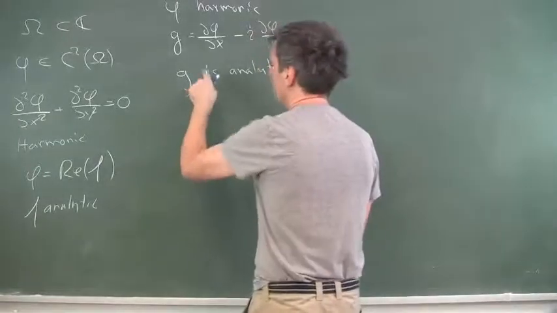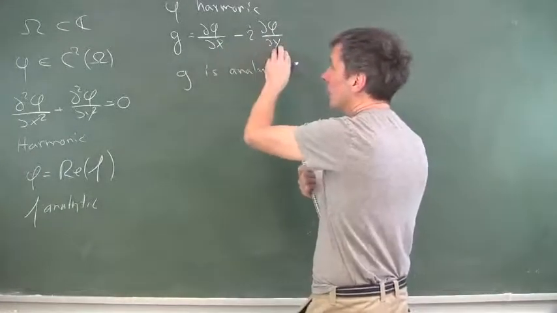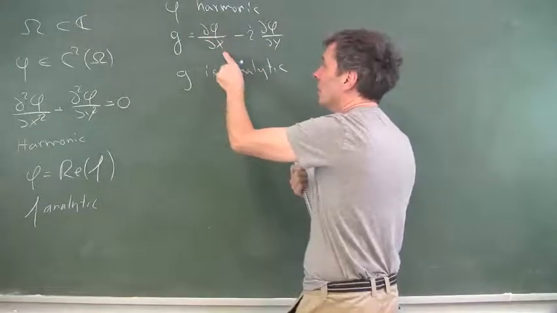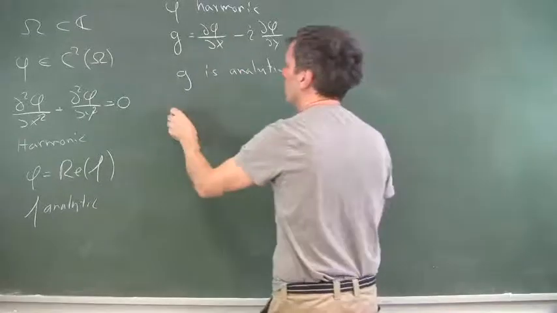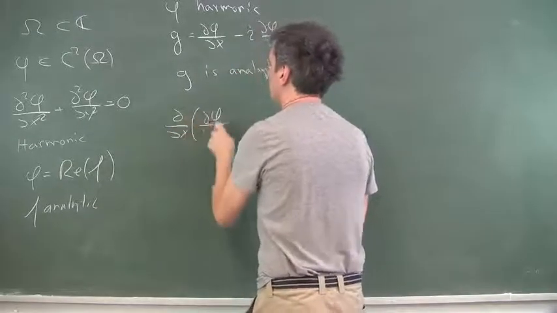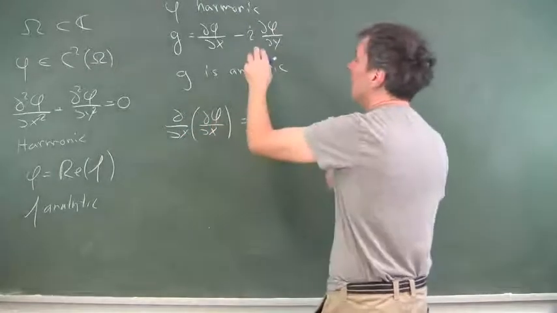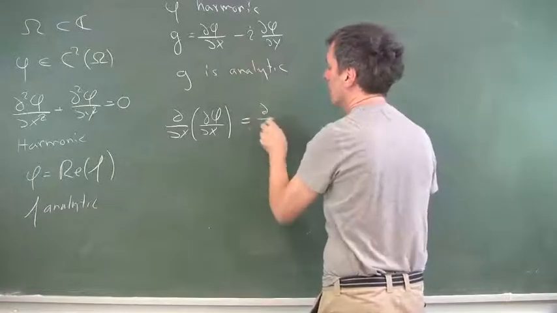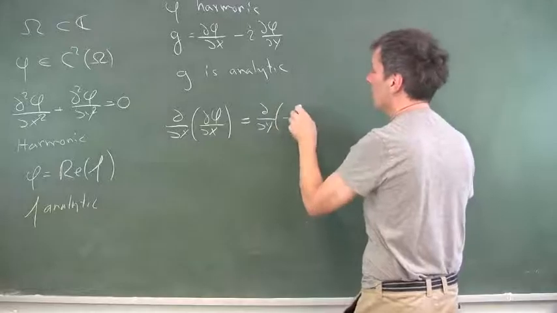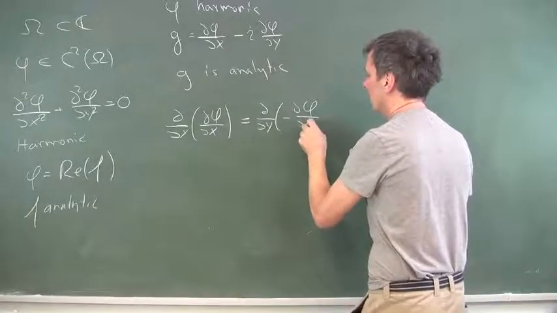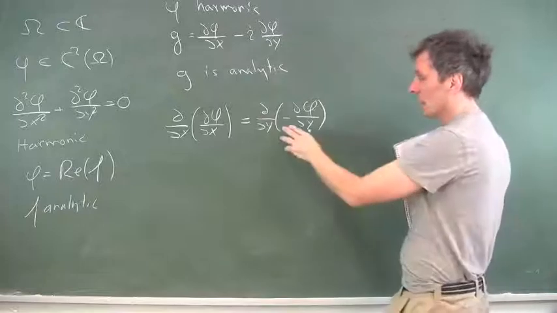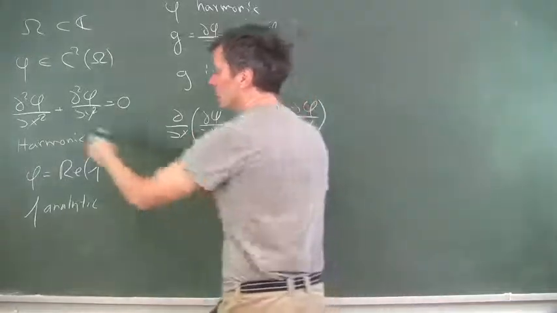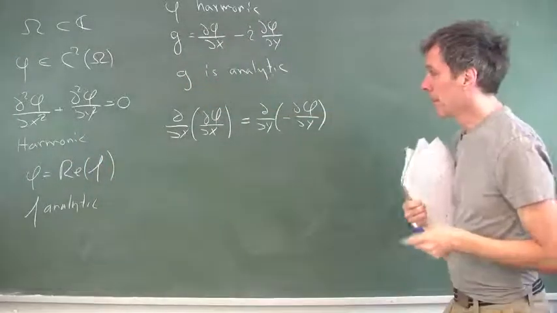And the reason is simply that you can check the Cauchy-Riemann equations. The first Cauchy-Riemann equation says that the x derivative of the real part should be equal to the y derivative of the imaginary part. And since you have a minus sign here, this will be minus the y derivative of phi. Then you see that if you move this term over here and the minus sign outside, you just have the Laplace equation.